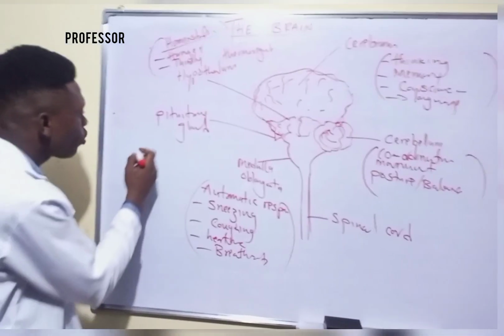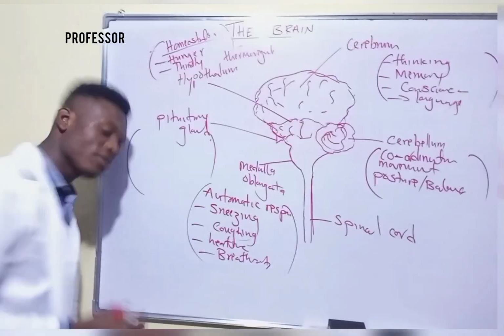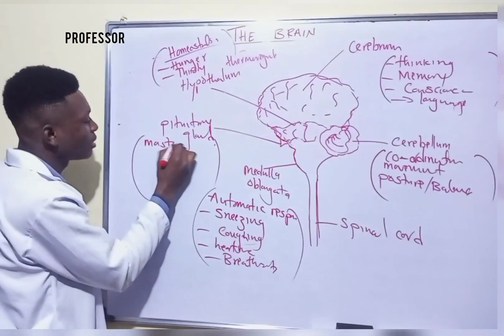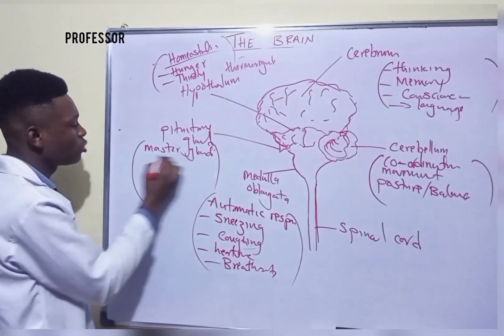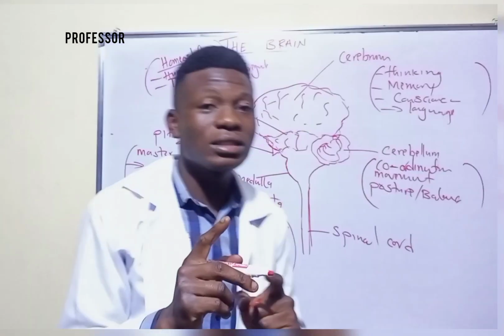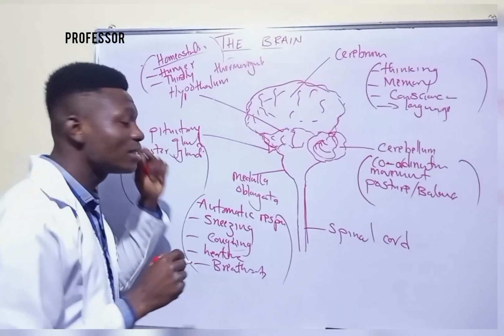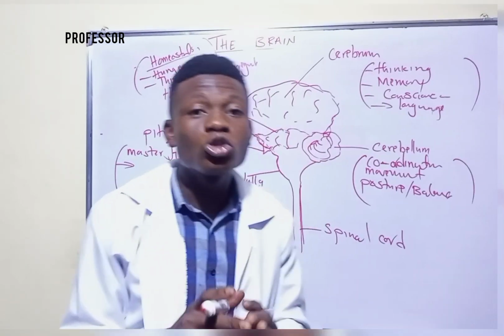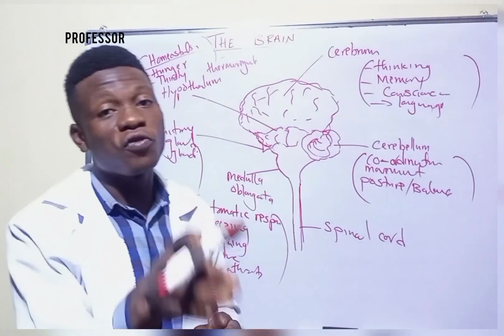Then the last one, the pituitary gland. The pituitary gland is called the master gland. Why is it called the master gland? Because it helps other endocrine organs to produce hormones that will function.